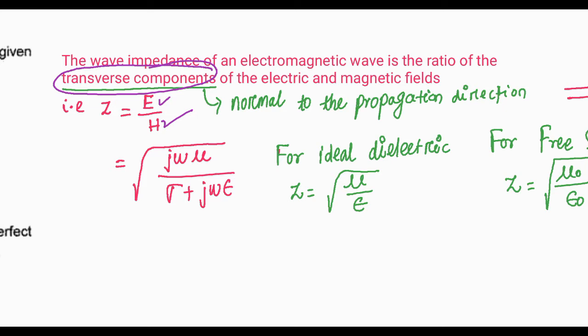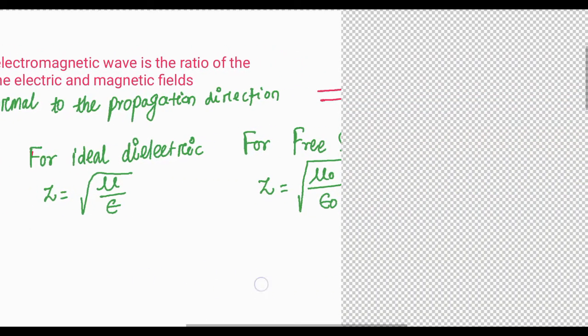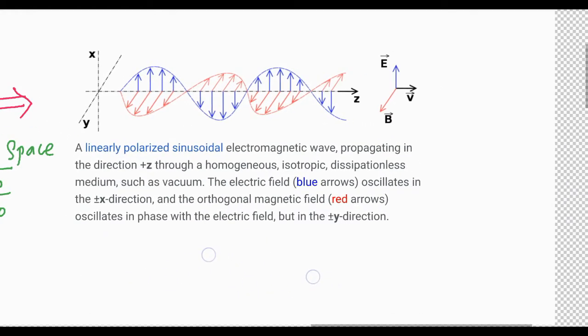In electromagnetic wave propagation, the electric field and magnetic field are already normal to each other. So the transverse component of each will be normal to both the electric field and the magnetic field. Here I have shown this one.